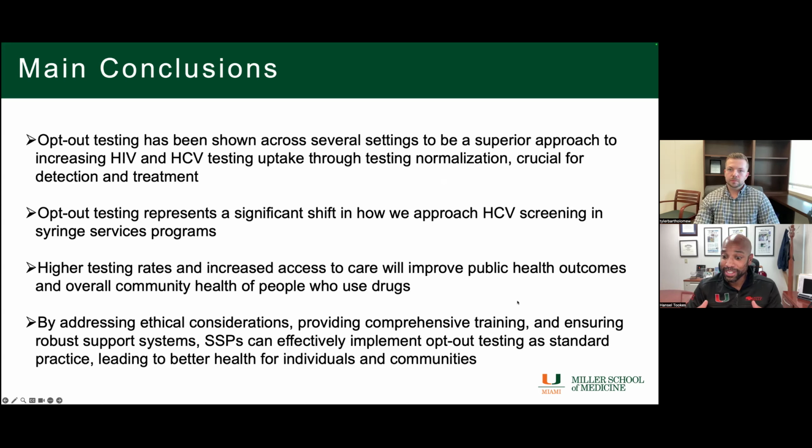Make sure that you have your data collection system together so that you can have the appropriate reporting of your testing results. And be sure to link to harm reduction informed providers so that you can make sure that the folks that you're serving are treated with love and respect wherever they're going to receive care.